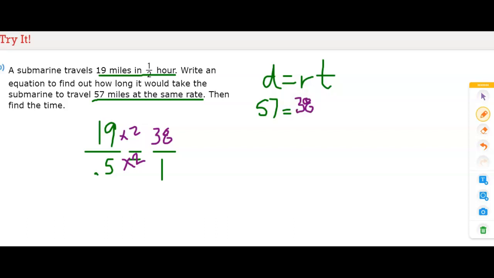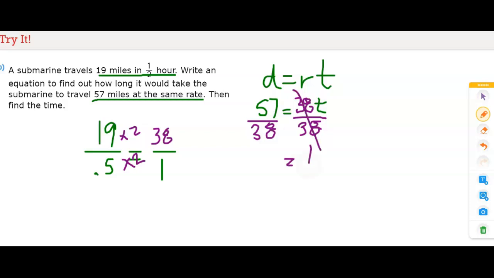And then I have my T, time, that we're solving for. I want to have my variable T by itself. So I'm going to divide by 38, which is the inverse opposite of multiplying. I'm going to divide 38 on both sides of the equation.